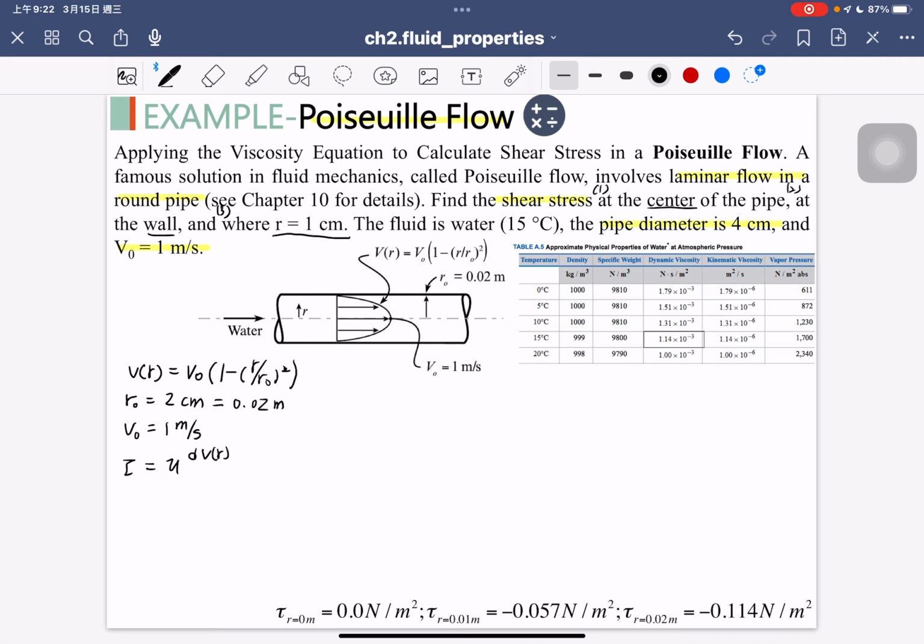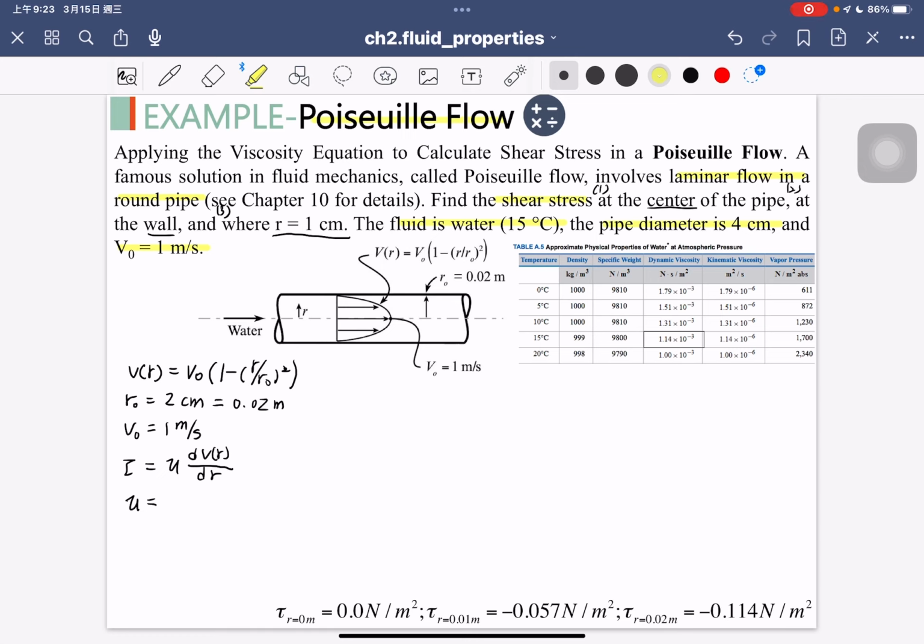Right now the velocity field is a function of the radius, so we should calculate the derivative dv/dr first. For mu, it is a constant value, so we should know the conditions of the fluid. As the exercise highlights, the fluid is water at 15 degrees.